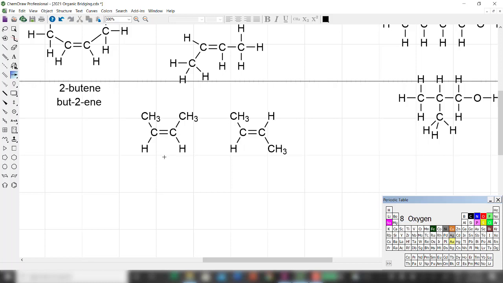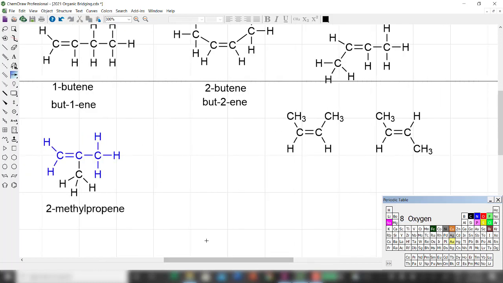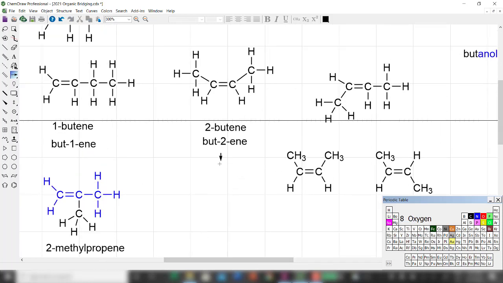So for the case of, let's say, butene, if I simply subject it to hydrogen gas, then you expect the hydrogen gas to add across the double bond so that your butene will become butane.